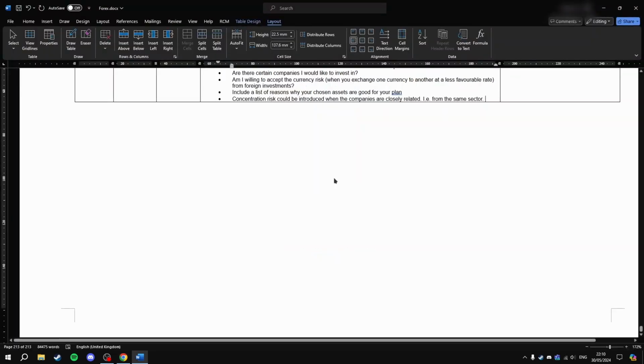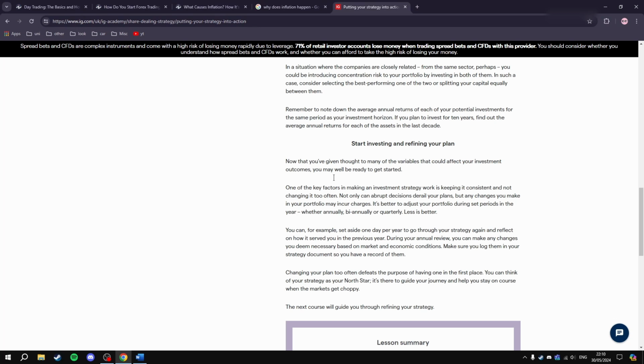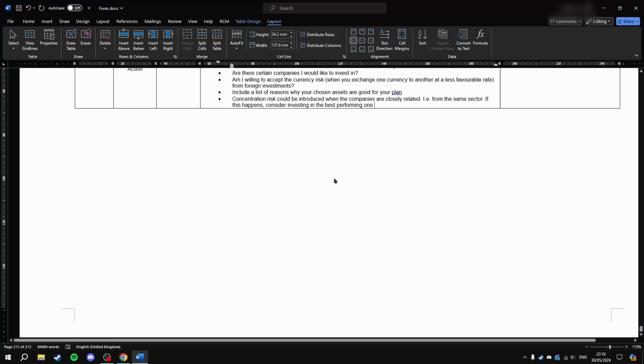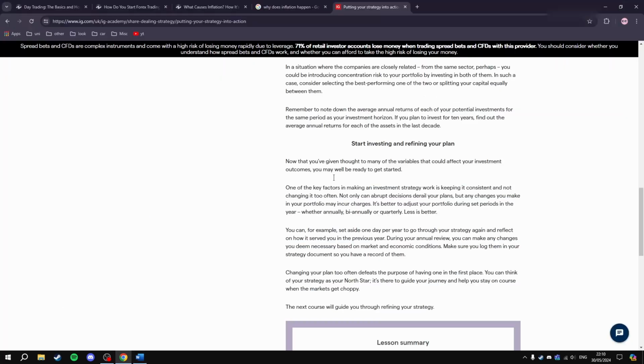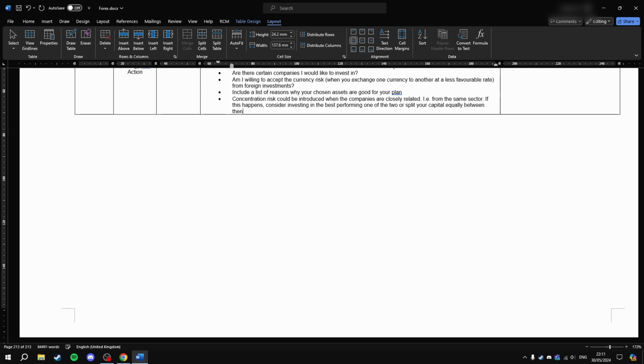So if this happens, consider investing in the best performing one of the two, or splitting your capital equally between them.